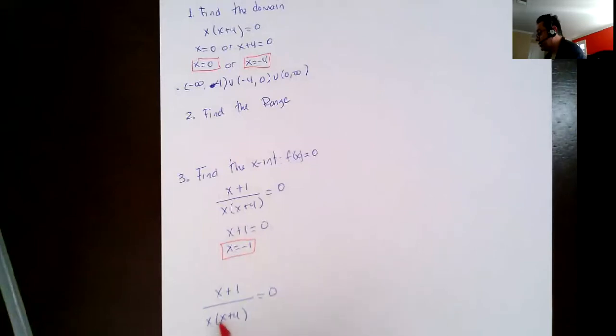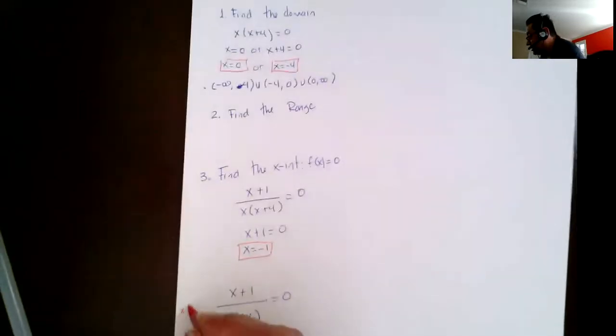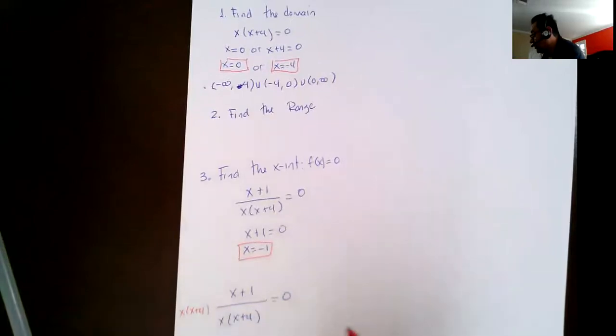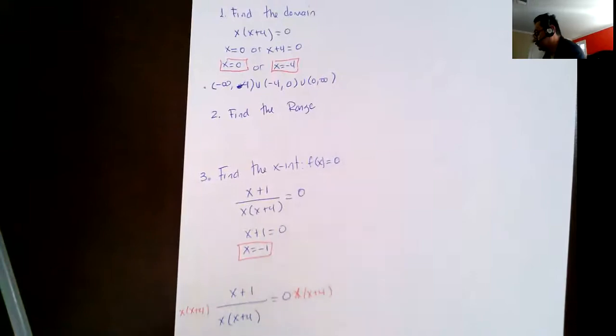That would be x times x plus 4. So now that you found it, multiply each side by the least common denominator, which is x times x plus 4. So I'm gonna multiply the left side by x times x plus 4, and also the right side by x times x plus 4.